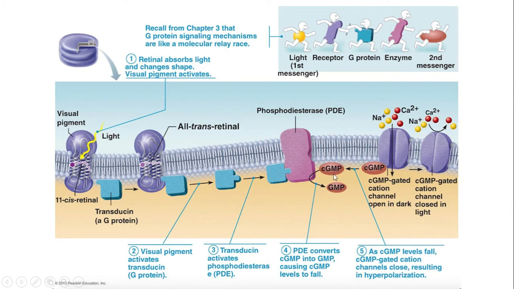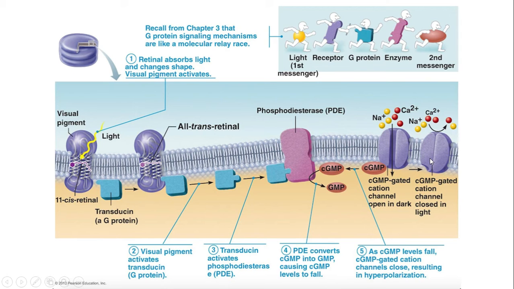It takes the cyclic GMPs and basically converts them to just GMP. Now, if we convert cyclic GMPs to GMP, that's only going to make cyclic GMP levels fall. If those levels decrease, then less of these cyclic GMPs will be bound to these proteins. So because of that, in the light, the gated channels that cyclic GMP would normally be bound to are now closed. If they are closed, we will get no depolarization of this cell in the light.